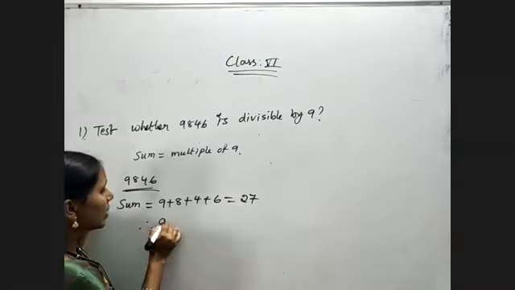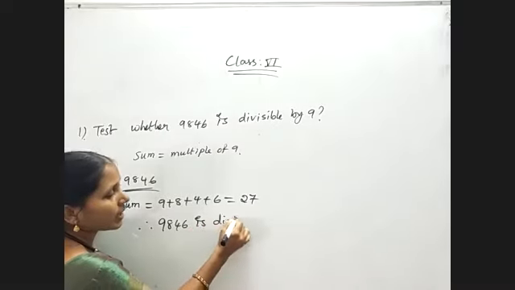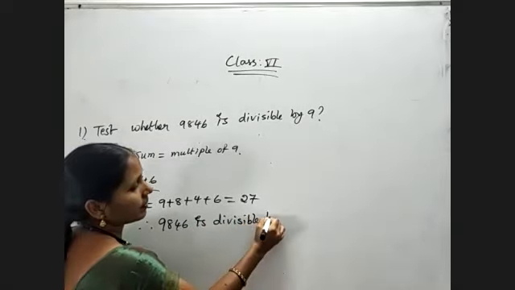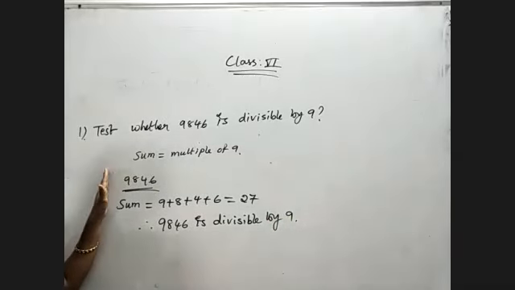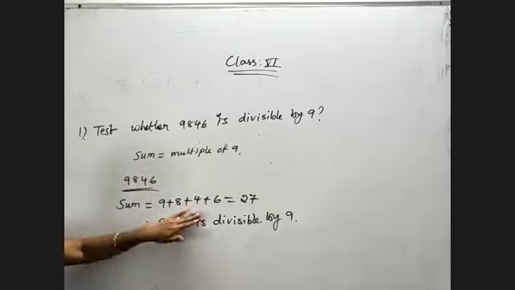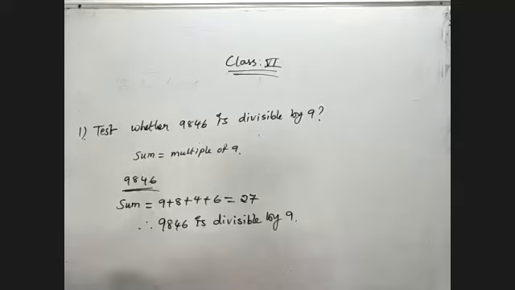Therefore, 9846 is divisible by 9. That's all. Same as the divisibility rule of 3, but here we need to check whether it comes in the 9 table or not. There we checked whether it comes in the 3 table or not. Okay, now coming to the next question.